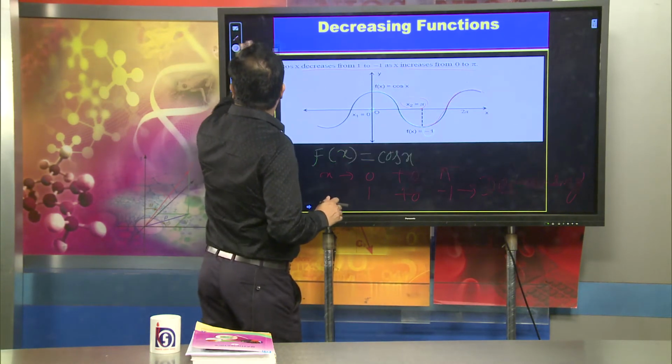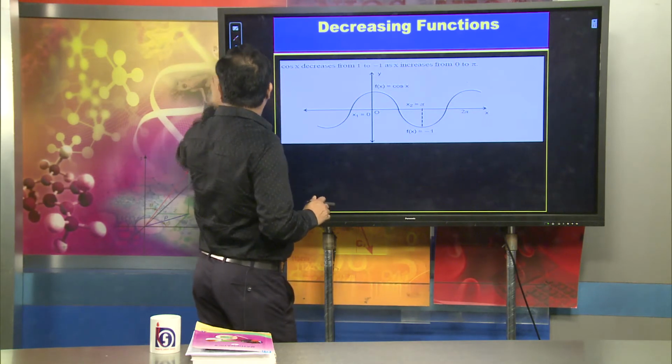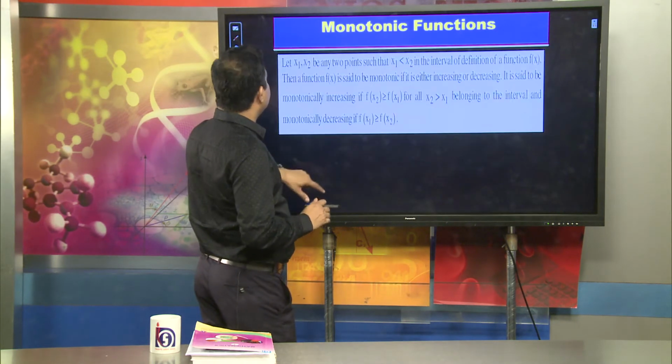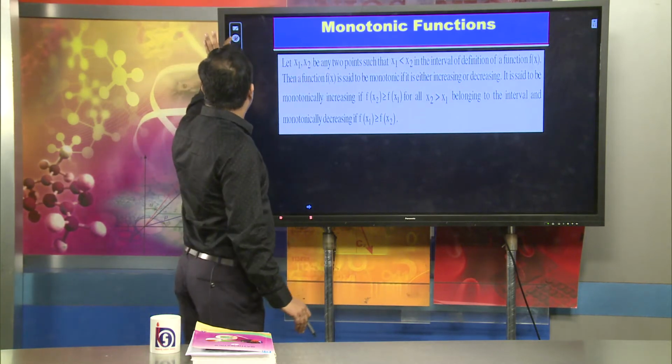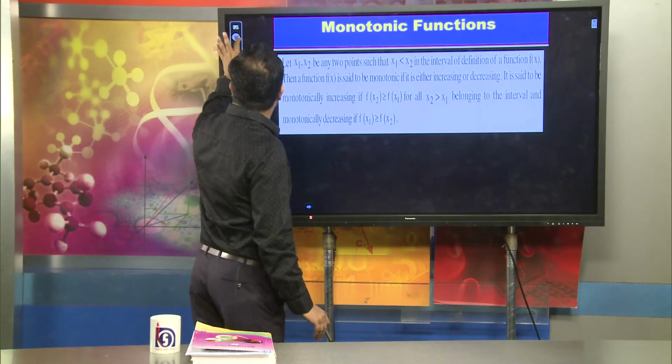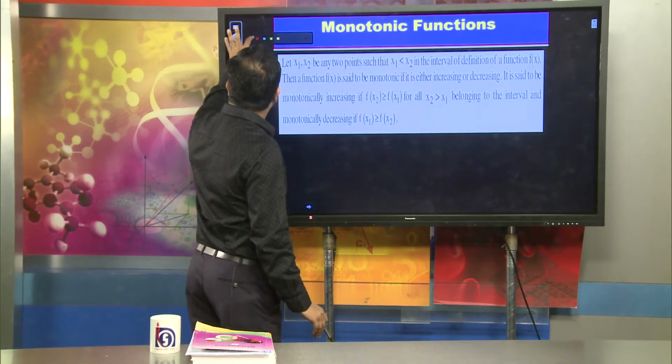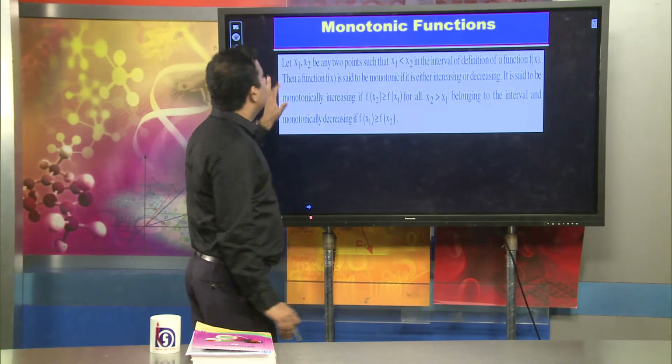Let us see, when talking about a function being increasing and decreasing, another thing we must know is the monotonic function. What do we understand by a monotonic function? Monotonic means the function is either increasing or decreasing.